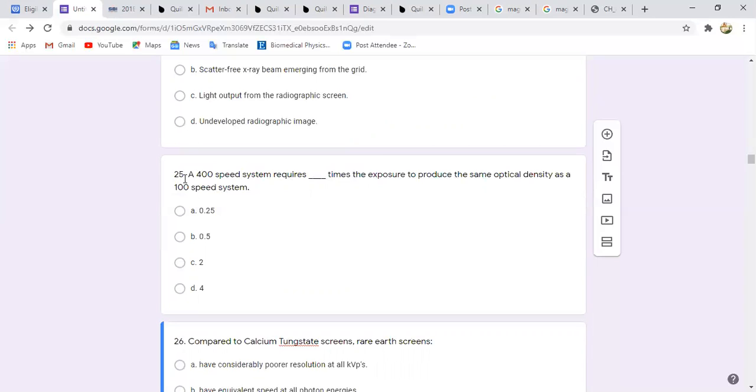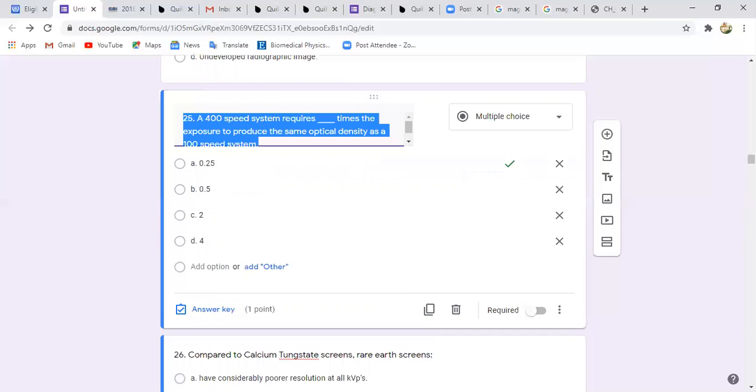If this one takes 1 second, this one is going to take 0.25 seconds. That's 1 second divided by the ratio between 100 and 400. So this one takes 1/4 of the time because its speed is 4 times that of the other. So they are inversely related: film speed and time.